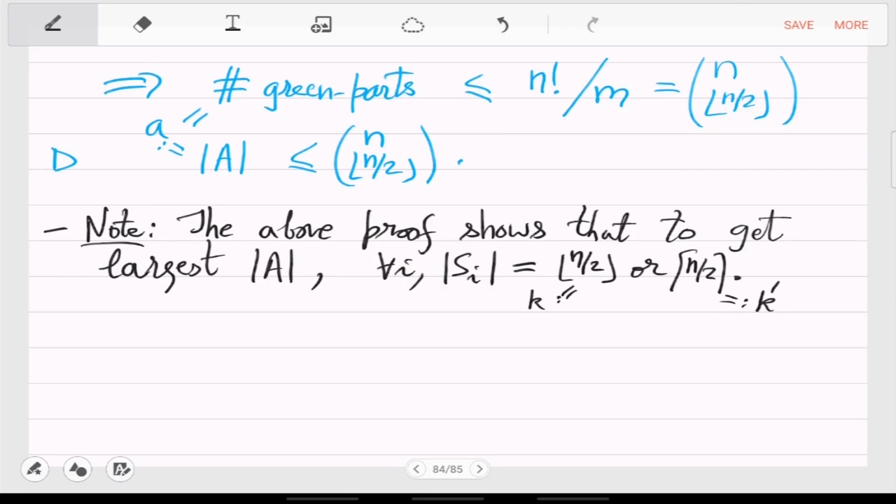So the above proof shows that the size possibilities of the sets in the anti-chain are only 1 or 2. It's basically this around n by 2. Do you see why? How do you get this?